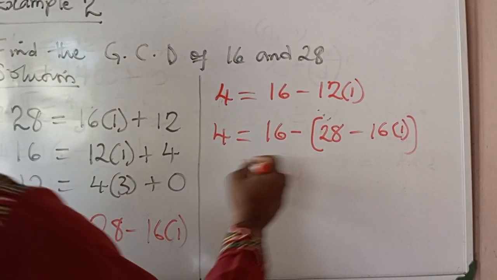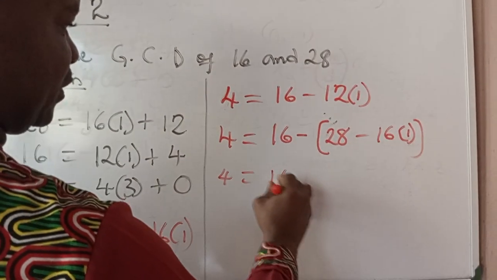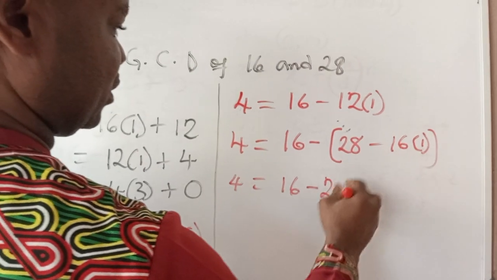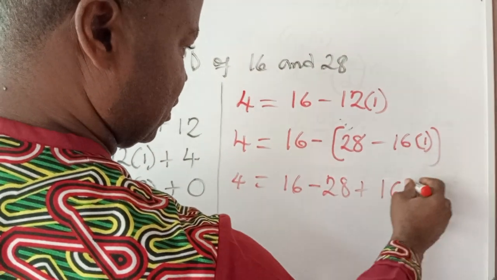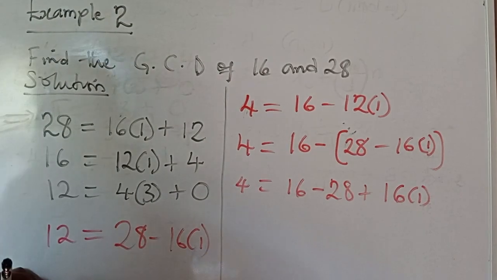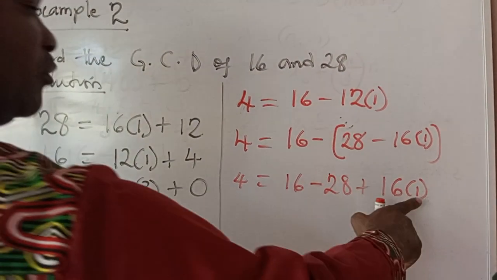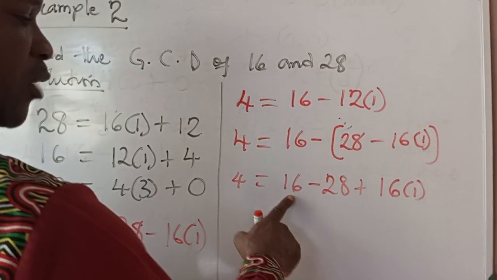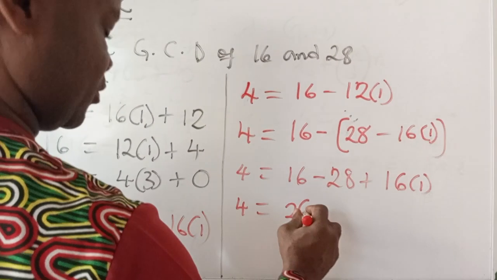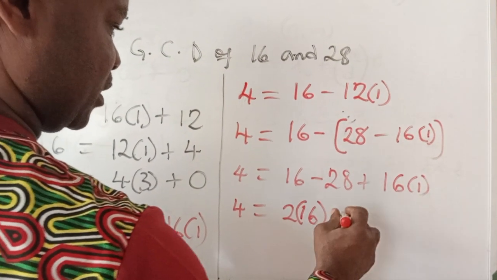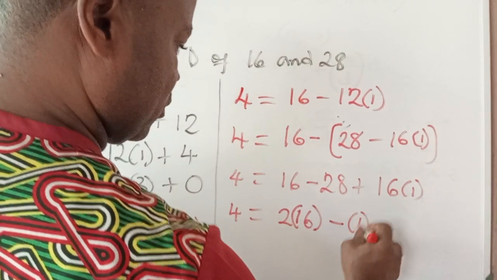If you expand this bracket, we are going to have 16 minus 28, and minus times minus will give us plus 16 times 1. Now, what we have is that there is just 16 here, another 16 here, which we can add to have 2 of 16, then minus 1 of 28.